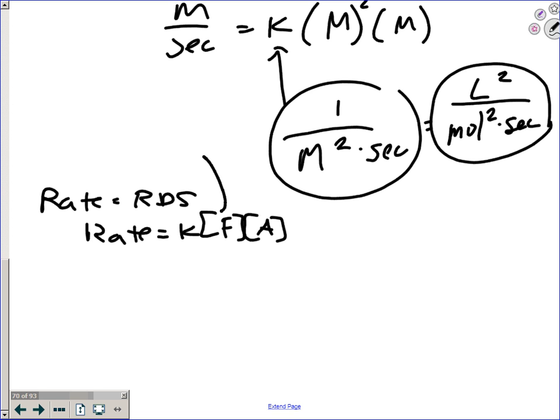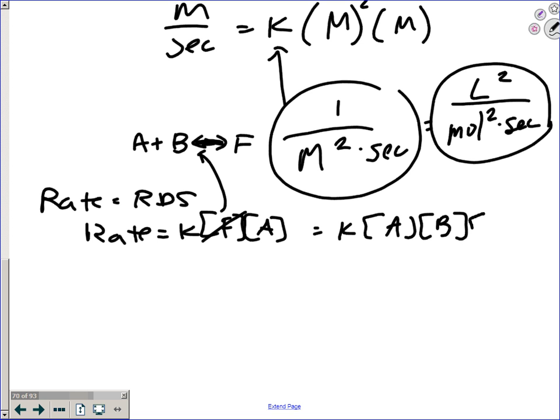So what did we substitute in for F? A and B, because of the fast equilibrium. Because of the answer choices given, we had A, B, and A, but we can't write those all separately. We're going to combine those A's to make A squared. So that's why we had to choose A here.